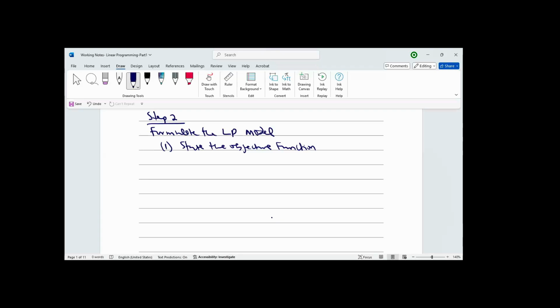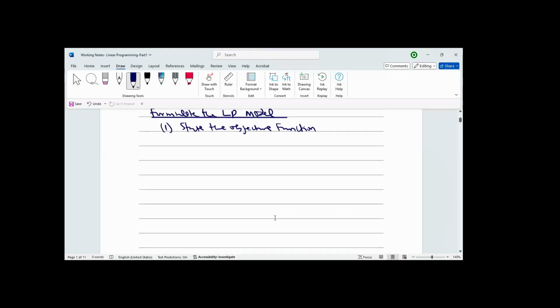So the clue will always be there in the question to give you the direction on the objective that the company wants to achieve. Let's say, for example, the company wants to maximize contribution.